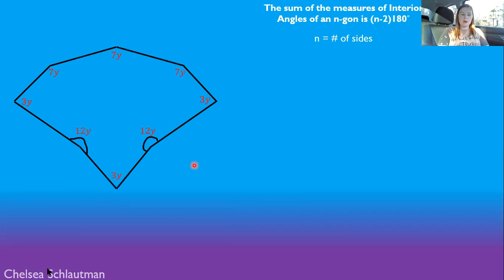If you count with me, we have 1, 2, 3, 4, 5, 6, 7, 8 sides. I got a little happy there. So we have 8 sides on this n-gon. We subtract 2, and then multiply by 180. So we have 6 times 180 degrees, which is equal to 1,080 degrees.